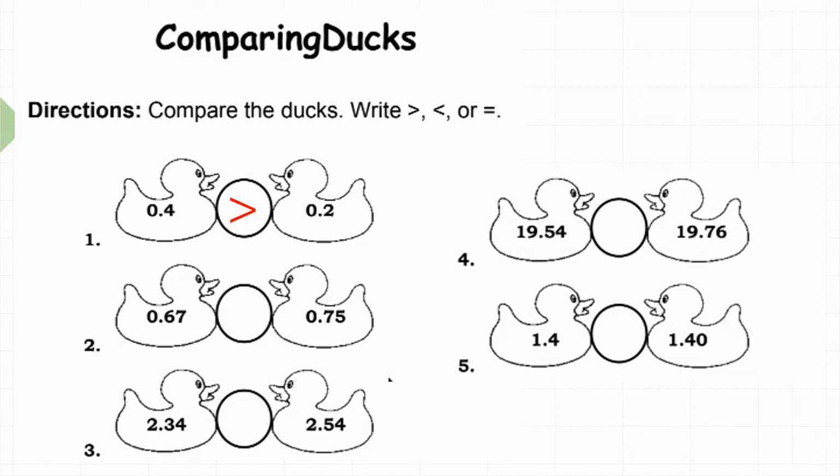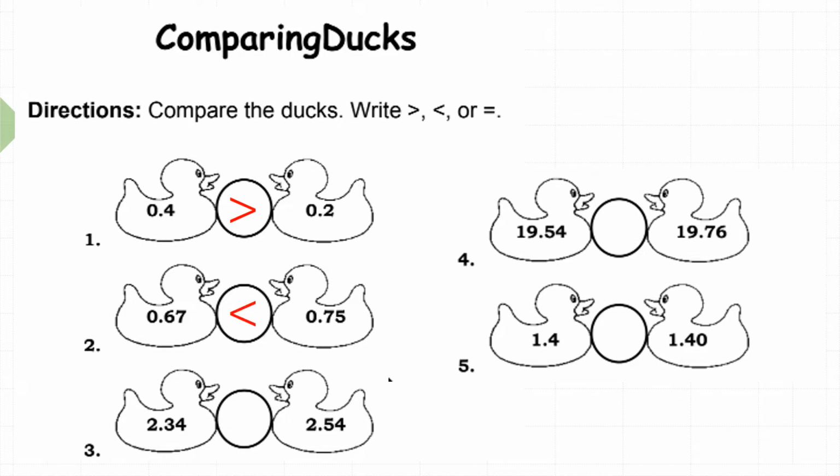So we have 67 hundreds and 75 hundreds. What is the appropriate symbol? Correct. So it's less than.